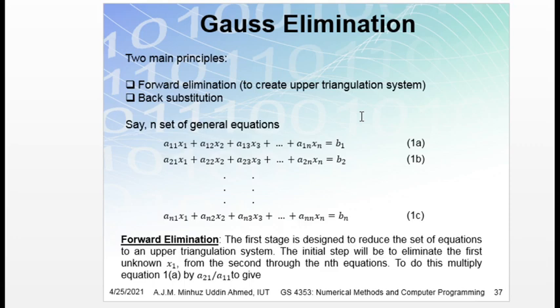But before that, you will have to understand that we need to create an upper triangular matrix like that, as I have said, and then we will go for back substitution. Now come to the point of how we will conduct the forward elimination and back substitution. That is our next question.